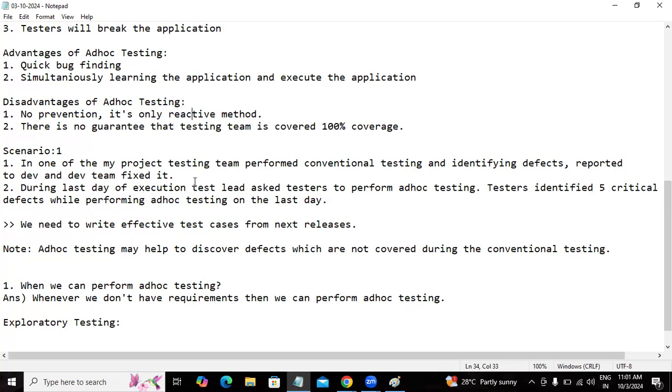Also, if you find any defects, we don't know whether it is a valid defect or not, because we don't have requirements. That is the reason for the confusion about whether we found valid defects. Those are some drawbacks of exploratory testing.